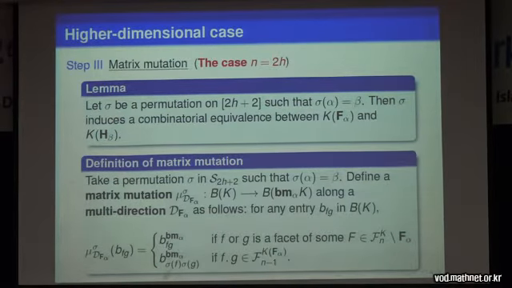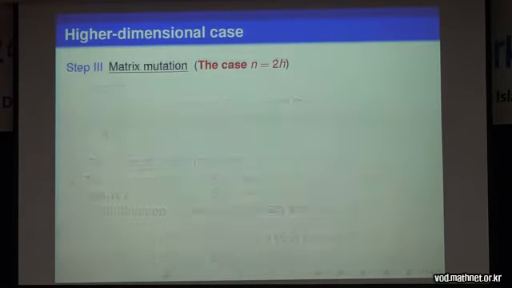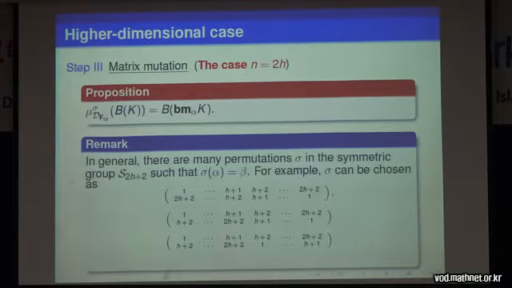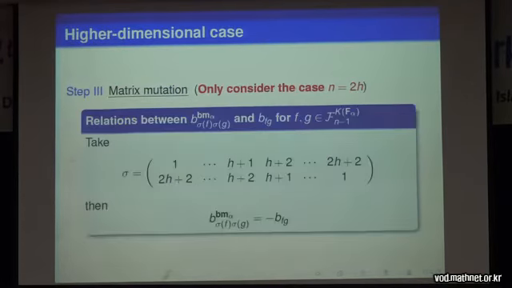And then we can define the matrix mutation. But here we need a permutation. There are so many permutations that satisfy this equation. If you choose a different permutation, maybe you give a different mutation.